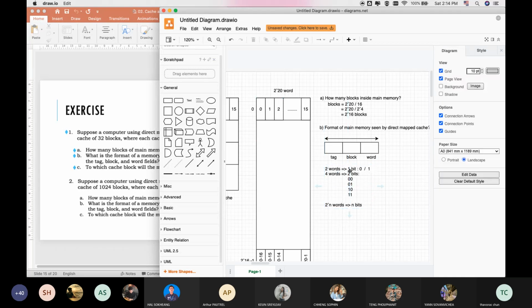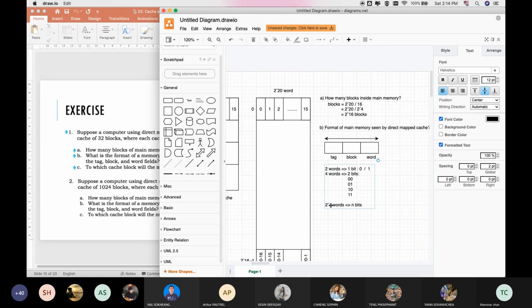Here 2 power 1, so we need 1 bit. Here 2 power 2 equals 4, so we need 2 bits. If you have 8 words, you need 3 bits because 8 words equals 2 power 3. So if you have 2 power n words, you need n bits to encode each address of each word, right?